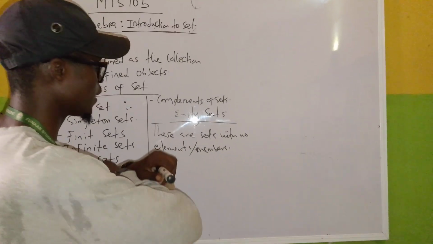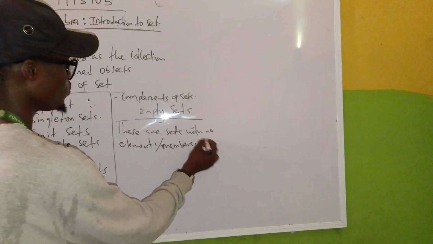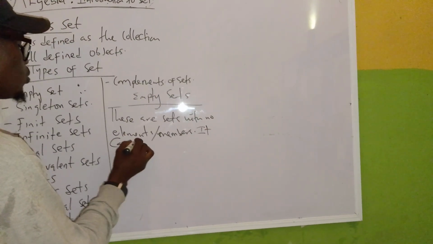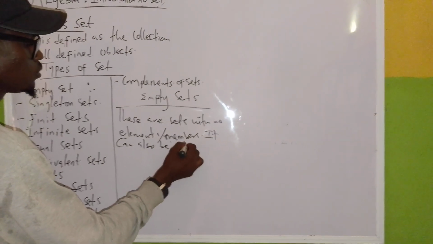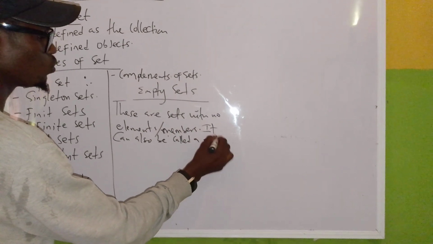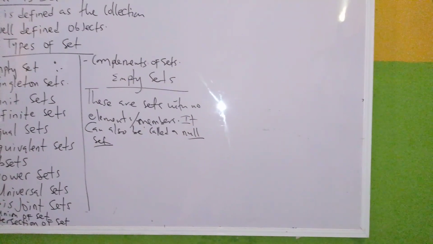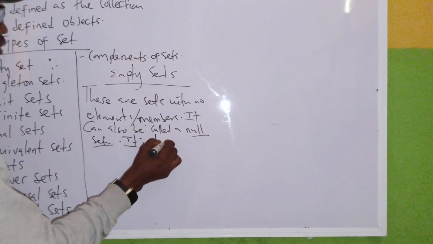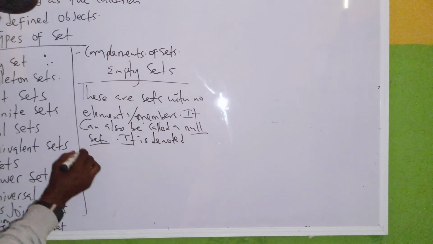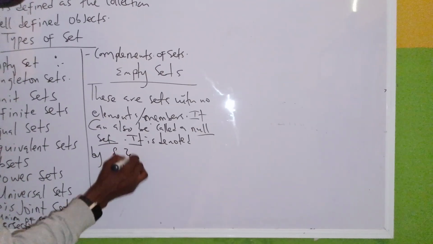That's what they say has no element at all. It can also be called a null set. That's another name we can call our empty set. So it is denoted by just this curly bracket with nothing inside.